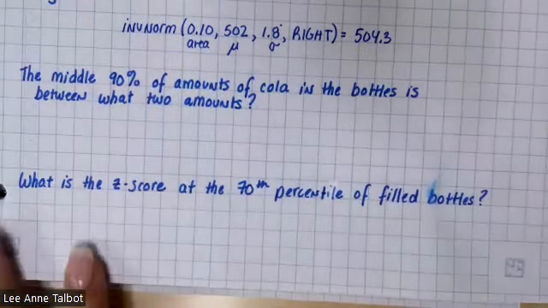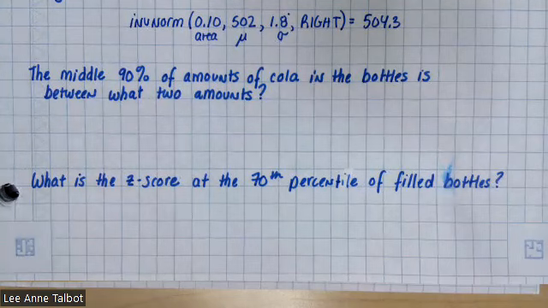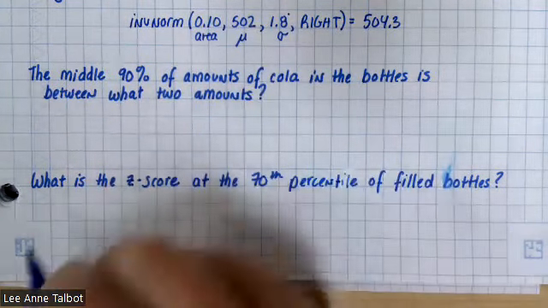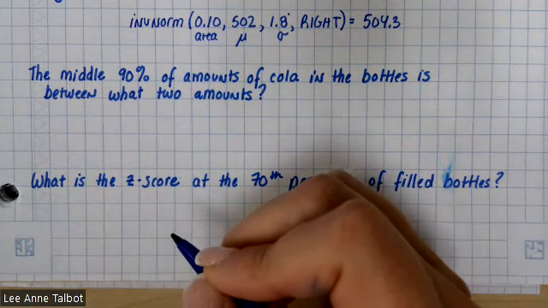Okay, now we need to do the middle percent. If you have a new calculator, you could do this with the center inverse norm. If you have an older calculator, you're going to have to do two different keystrokes.